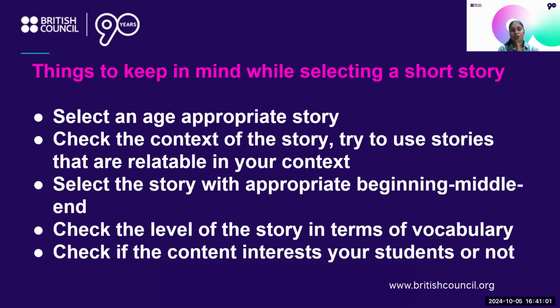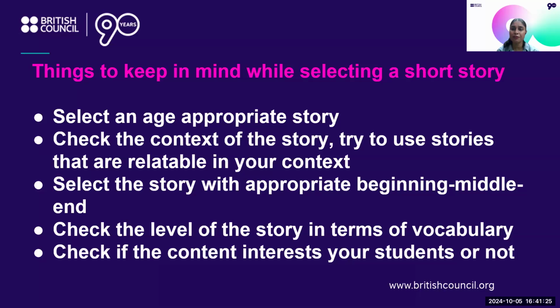Second, the context of the story. So while we are selecting a short story, the context of the story is something which we will try to concentrate upon, and we will try to use stories that are relatable in our particular context. Now this is a very subjective thing. If we are probably teaching the primary grades, a relatable context is something that we will aim for.